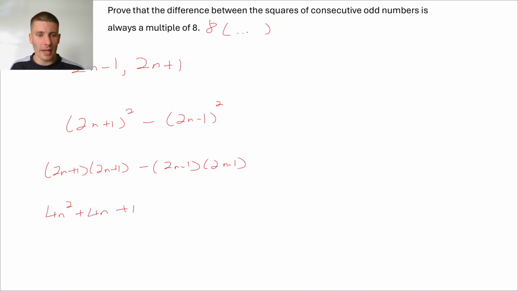And we're taking away, and be a little bit careful here, the way that we write this. Really, I should probably write a bigger bracket so we don't get confused here. We're taking away big bracket, and it's going to expand this, so we're going to get 2n by 2n is 4n squared. 2n by minus 1 is one lot of minus 2n, but then we want it again, so minus 4n.